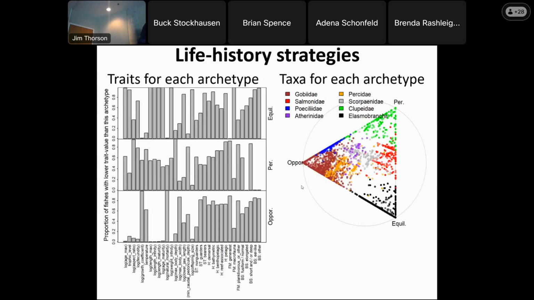And you get this trade-off that looks basically like the Winemiller-Rose trade-off, so we use these imputed traits to assign all fish probabilistically to those 3 archetypes: periodic, opportunistic, or equilibrium style fishes. And then you get the trait by archetype stuff on the left. That's how I named them, how I assigned them, the Winemiller-Rose stuff.